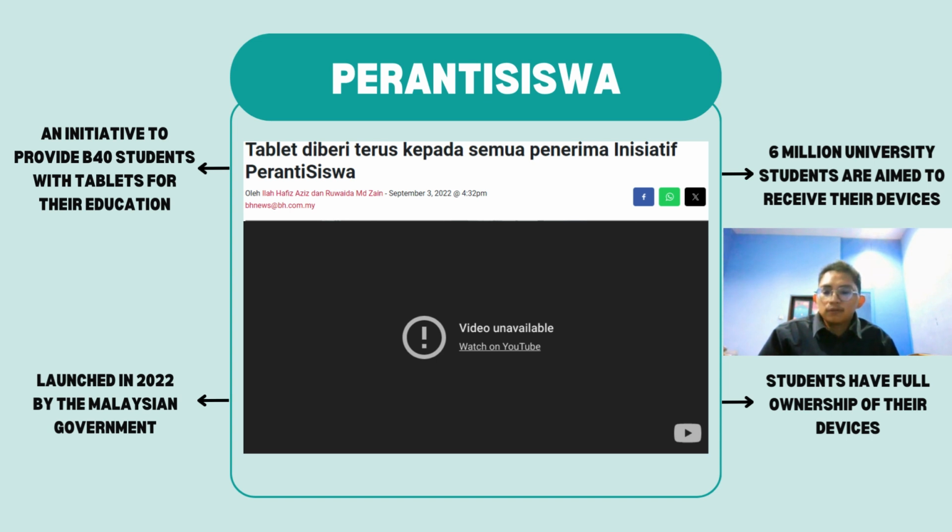So if the device is given to the students with full ownership, it is their responsibility to do anything to the devices. So it will not be a burden to them if they have to pay fees or fines if the devices are broken.